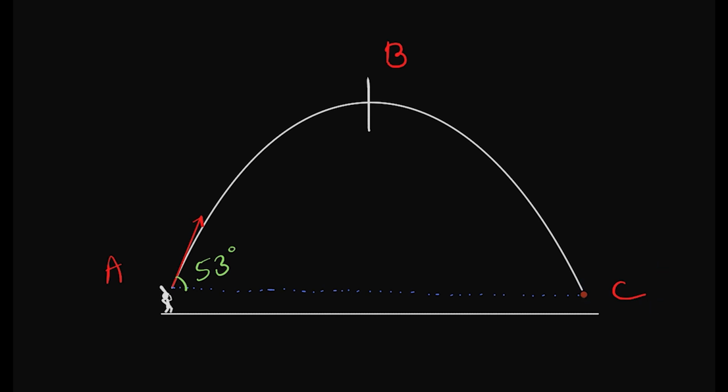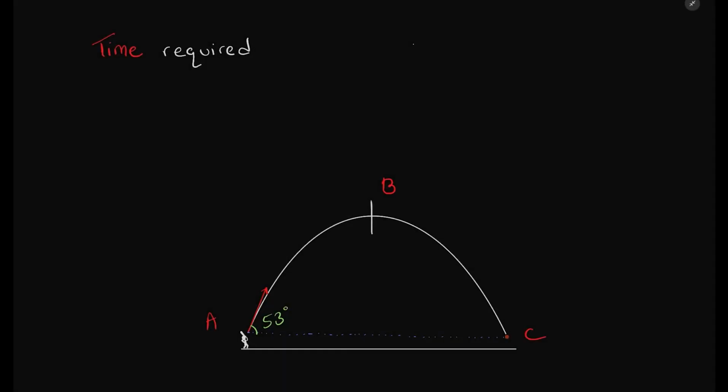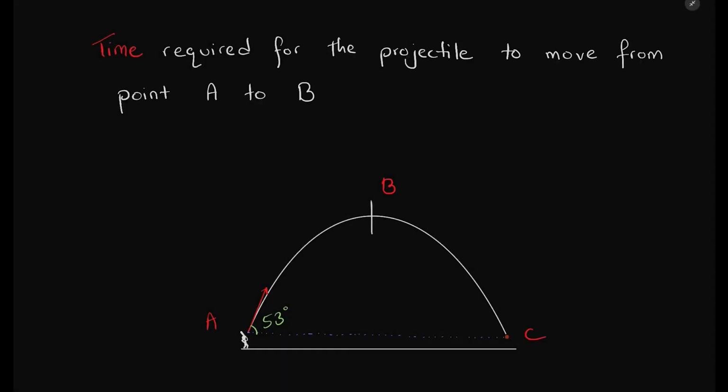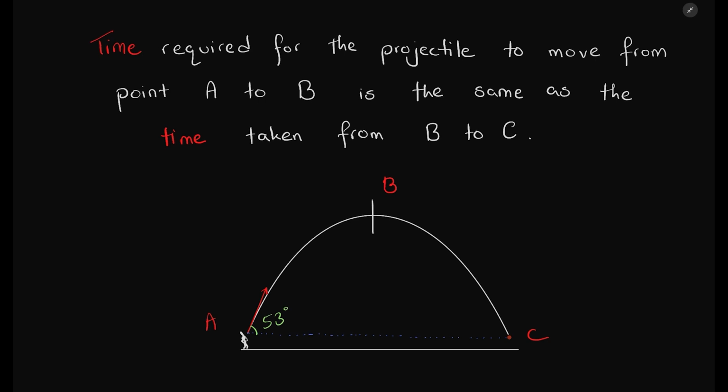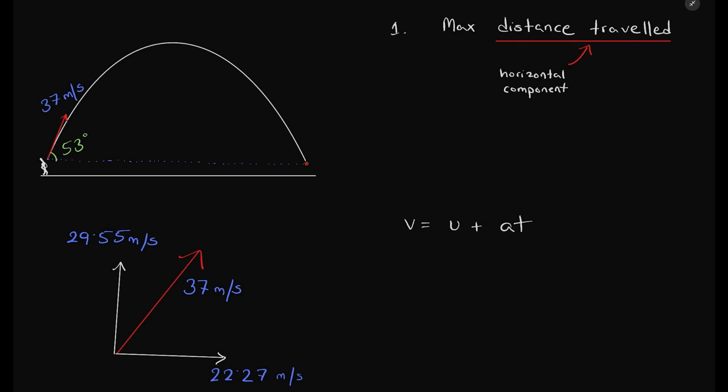As their heights are equal, the time taken from A to B will be the same as the time taken from B to C. So if we can find the time taken from A to B, we can multiply it by 2 to find the total flight time. Now we will be using the formula v equals u plus at.